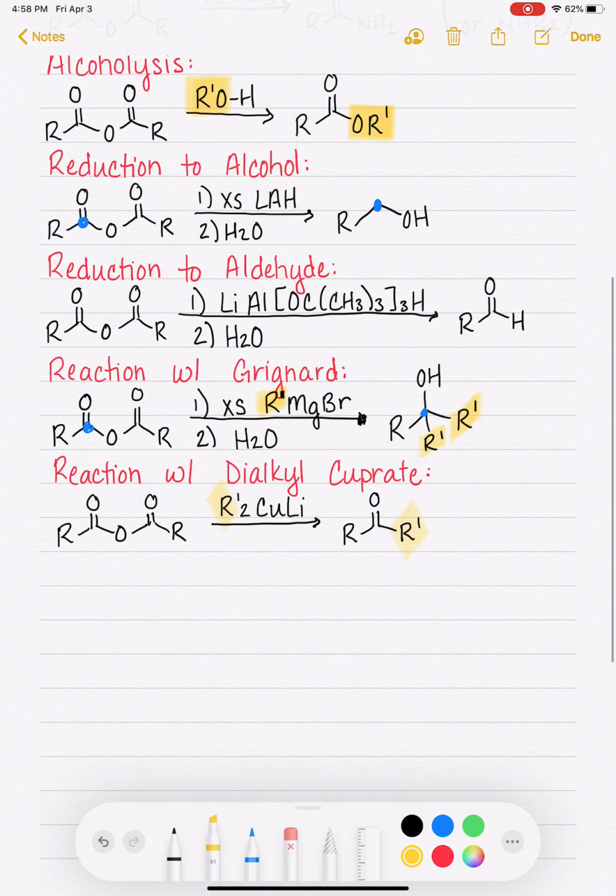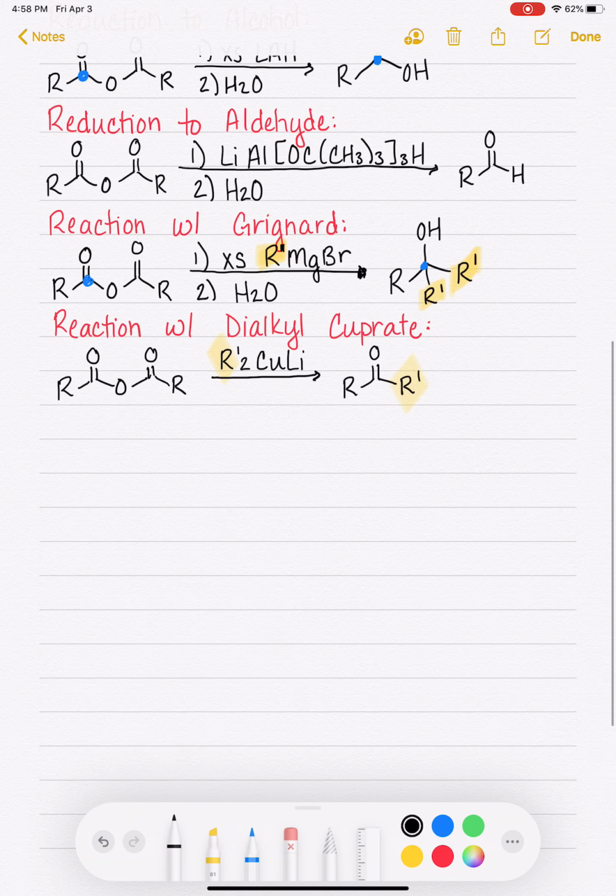And just like in the reactions of the acid chlorides, you have in your textbook figure 21.10, which is going to be around page 1011. And you also have the review at the end of the chapter. This is not at the very end; this is before the homework problems.